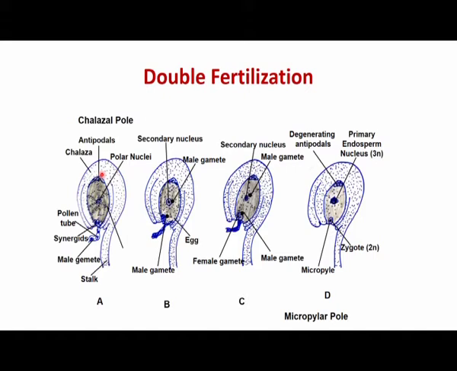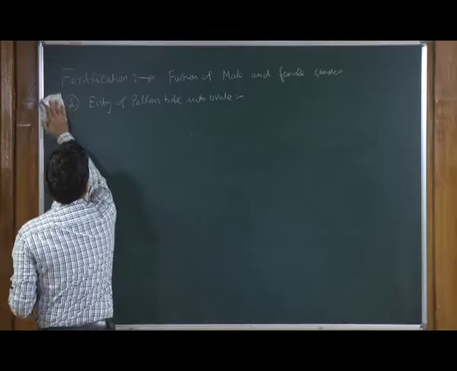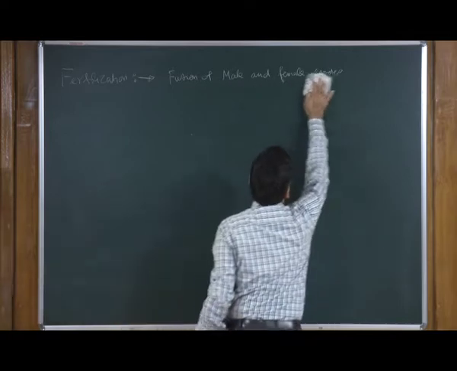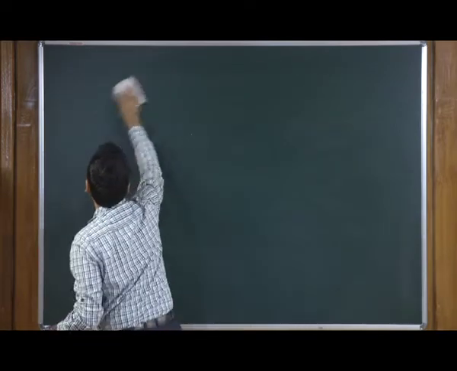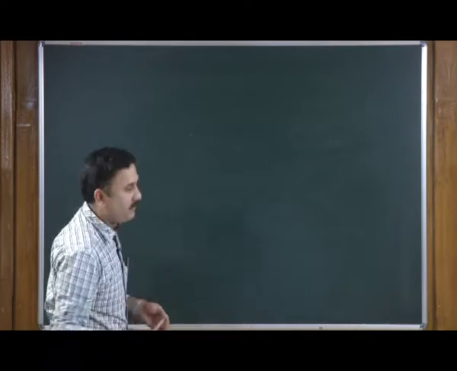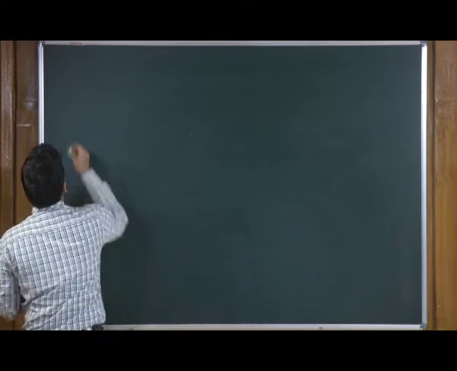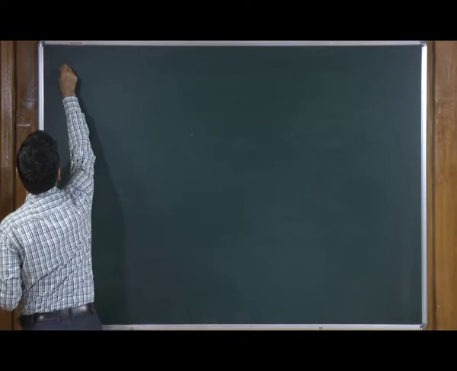Post fertilization, the resulting ovule develops into multiple things. Let us discuss what happens after fertilization. Once the fertilization is over, many parts of the flower actually lose their function. For example, what parts are present in the flower?